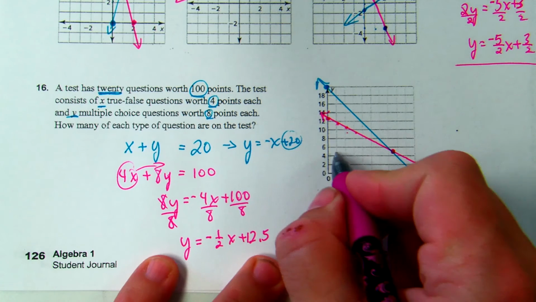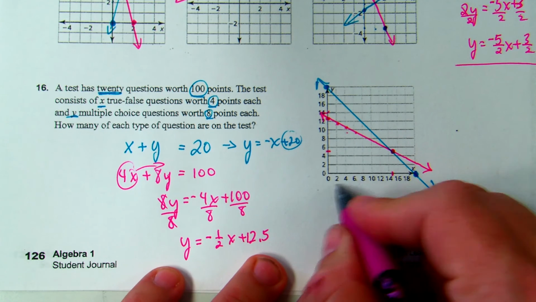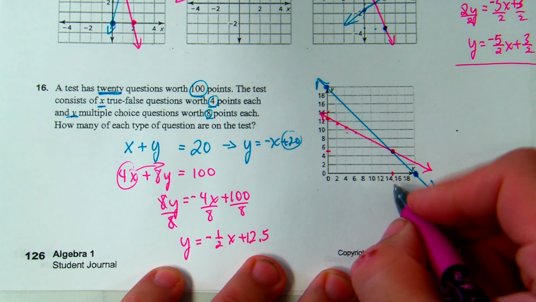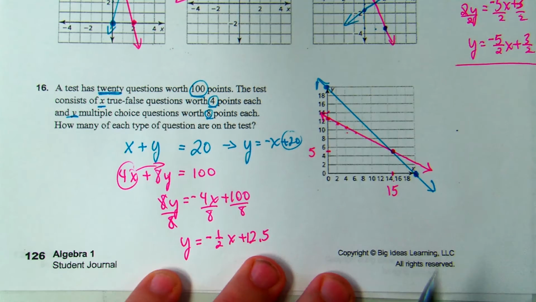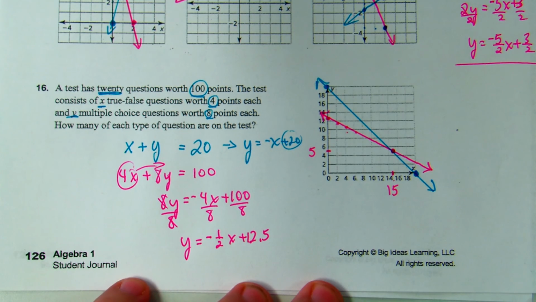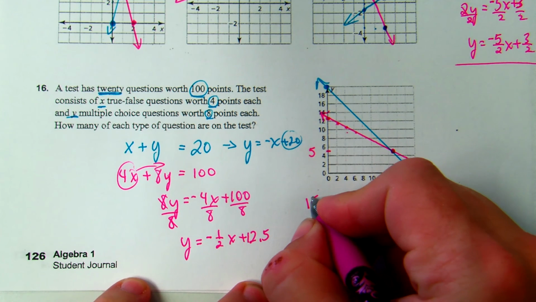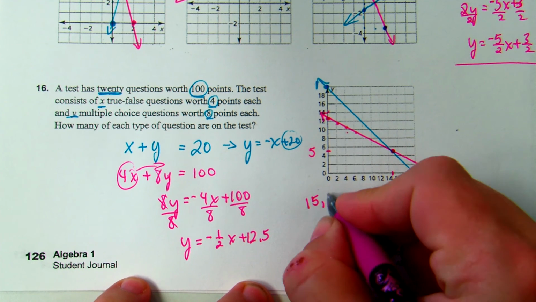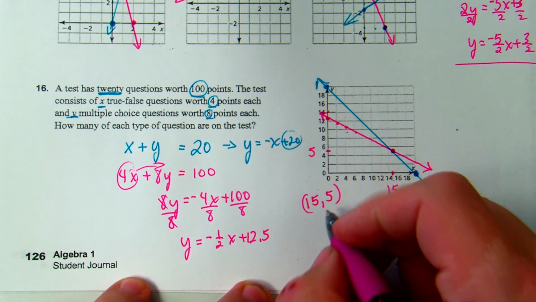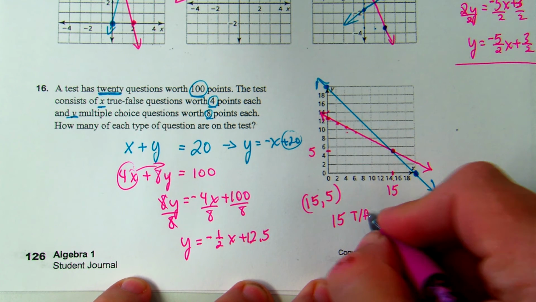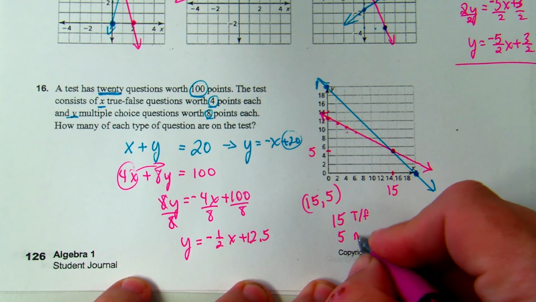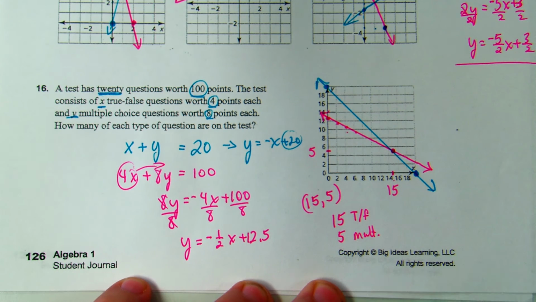Well, that's right at the x value of what? 15. What's the y value? 5. So my solution to this system of equations is 15 and 5, meaning I have 15 true-false and 5 multiple choice questions.